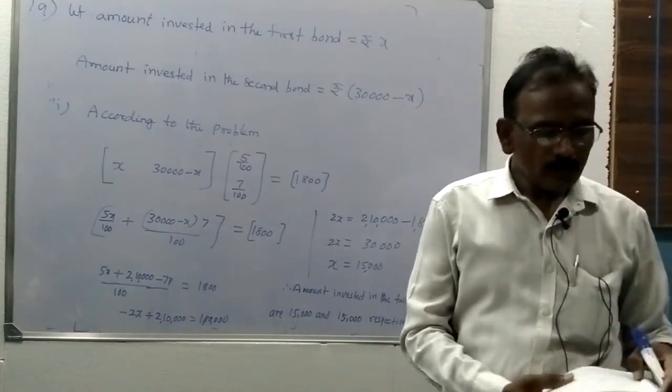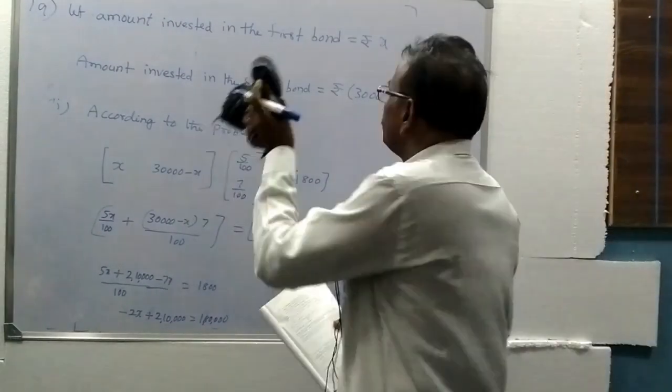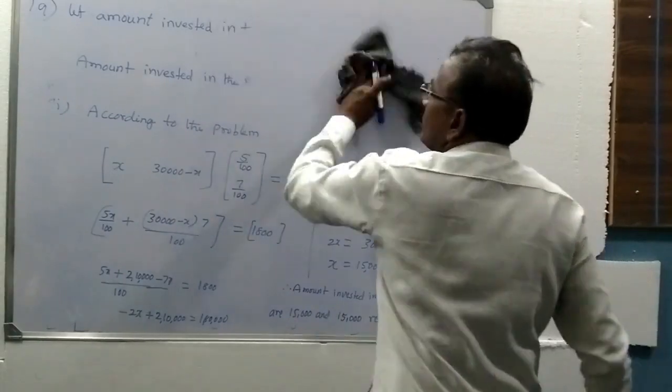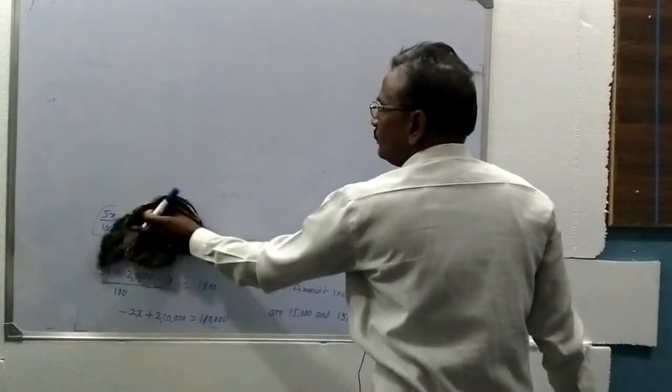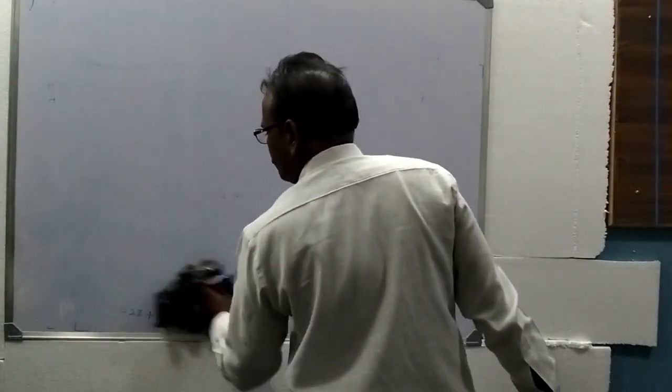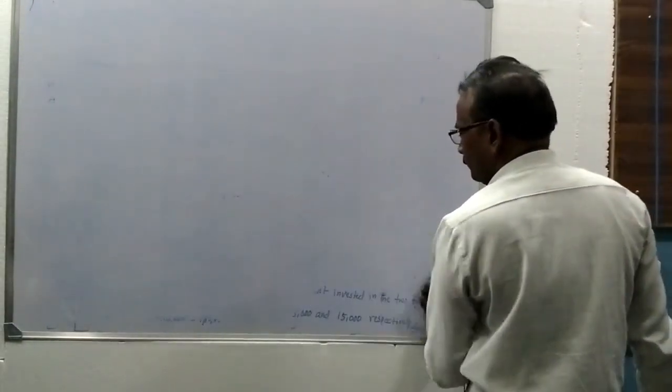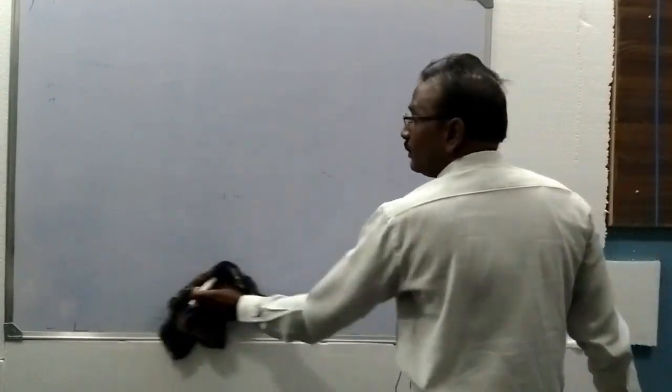Next, question number 20. The question is: the bookshop of a particular school has 10 dozen chemistry books, 8 dozen physics books, 10 dozen economics books.